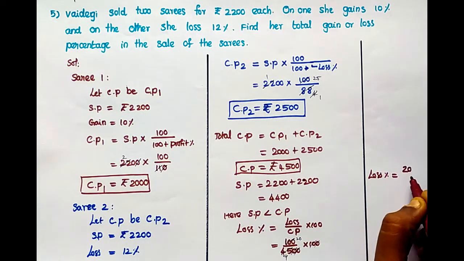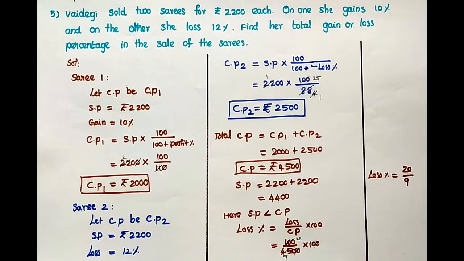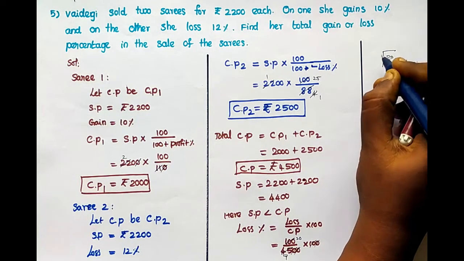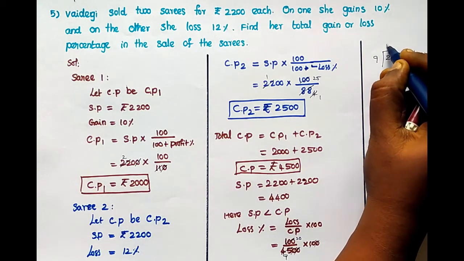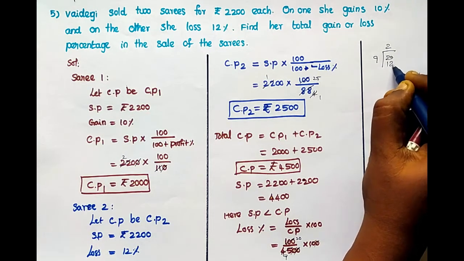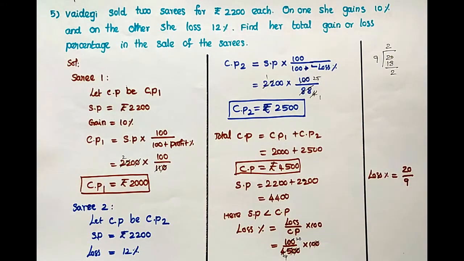So 20 divided by 9. Now 20 divided by 9, how many times? 2 times 18, balance 2. So 2 remainder by divisor percentage, that is 2 by 9 percentage, that is the answer.